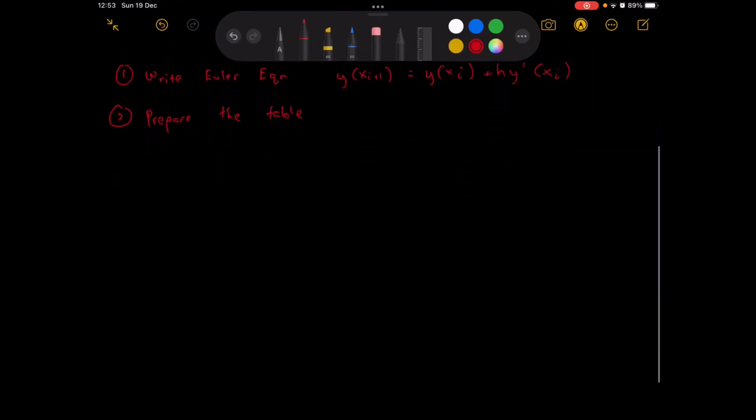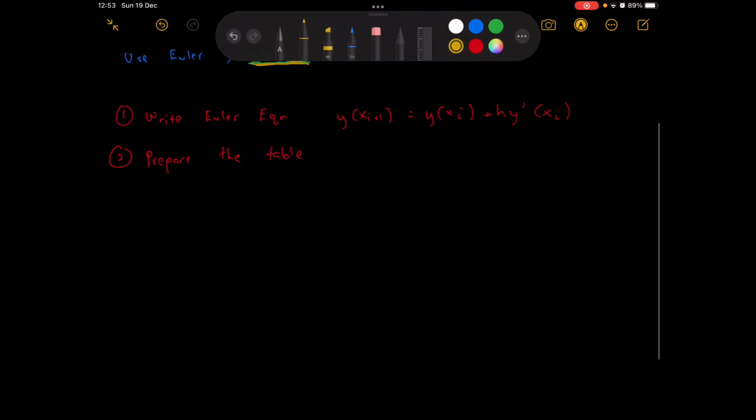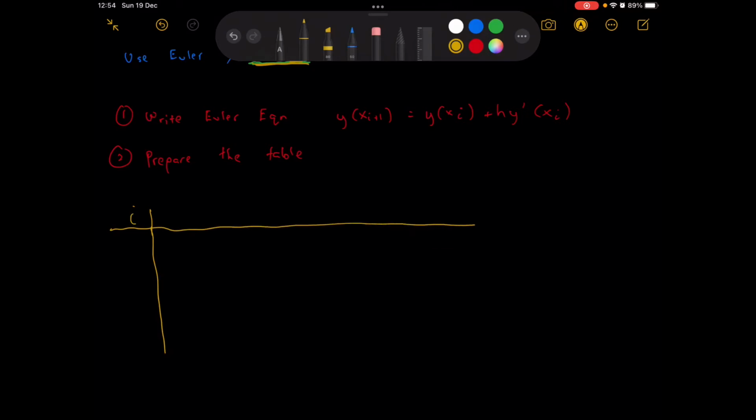The table will consist of i, which is the iteration, then the x value, and the y value.